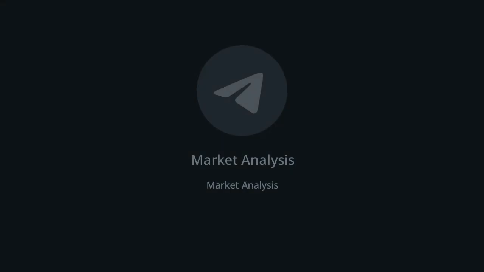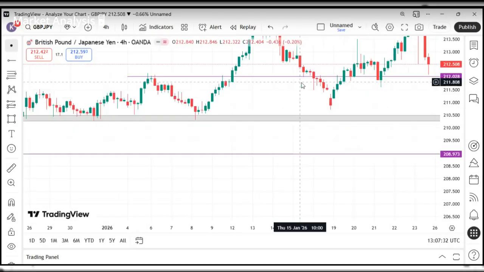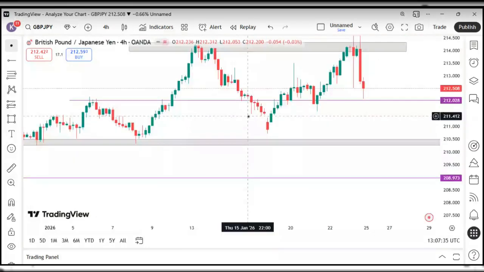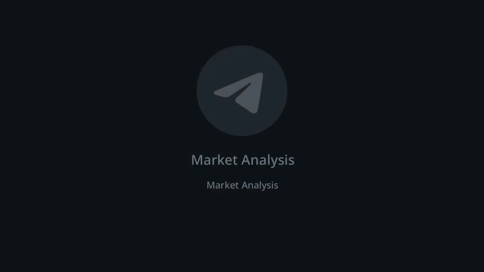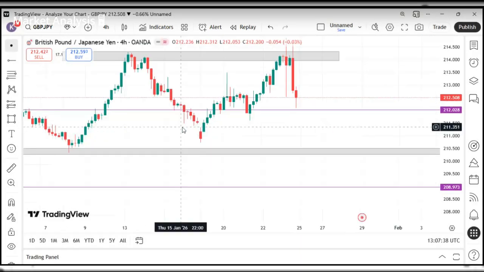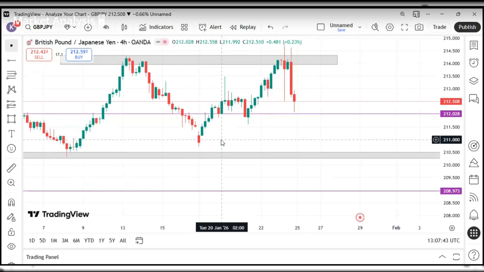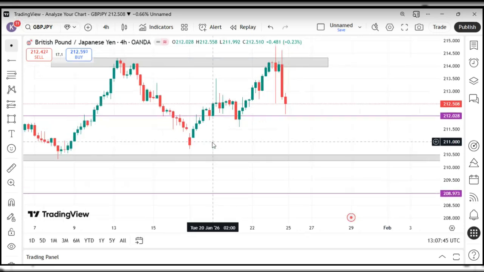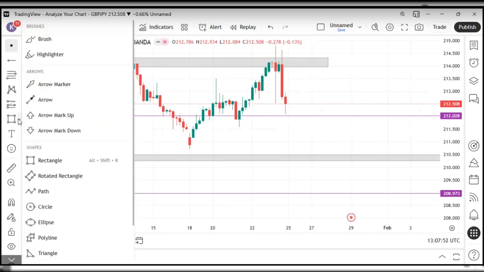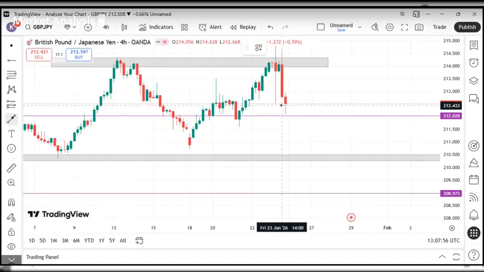So on this GBPJPY, we must really look for sales. Yes, we must look for sales. So at this point, we'll need to allow price when the market walks through. We'll wait for price to do something like this, to buy a little from this level.